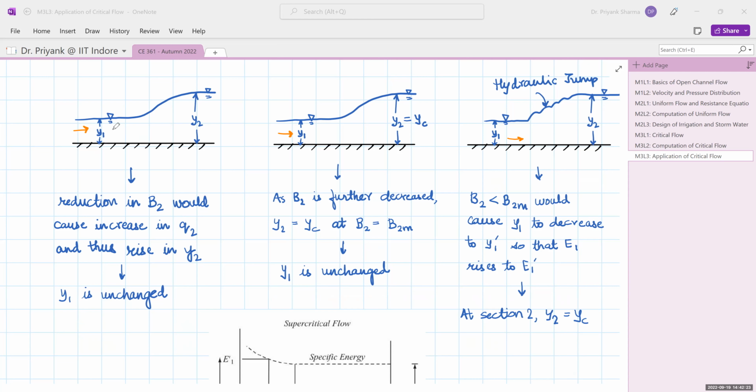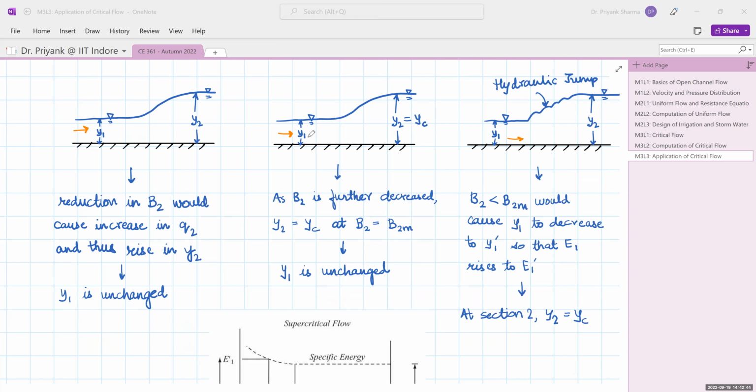As you further go on decreasing the width, your Y2 will reach a critical point at the specific condition when your B2 is equal to B2M. In that case, where you have reached the minimum constriction point, your Y1 again remains unchanged.